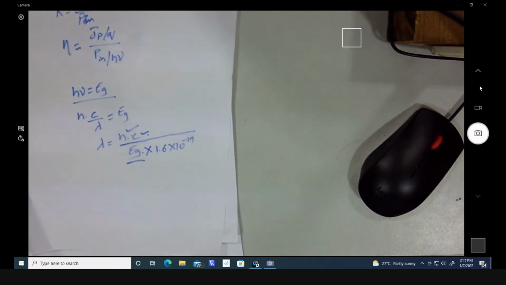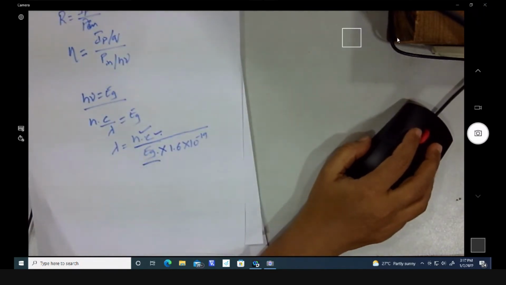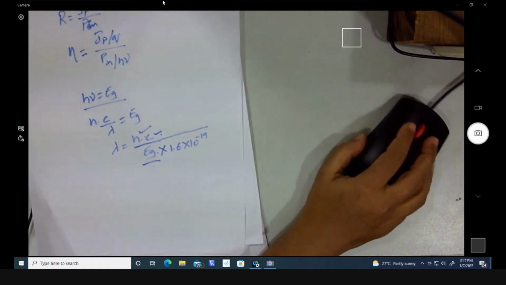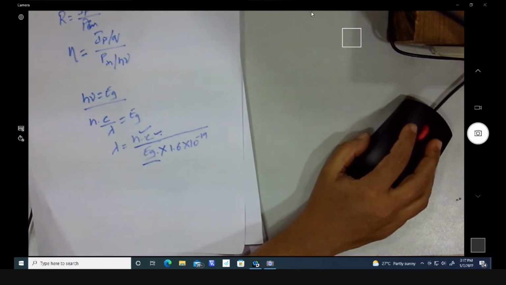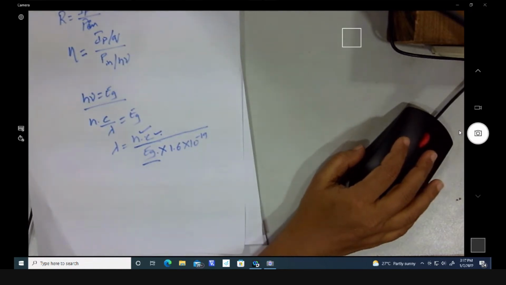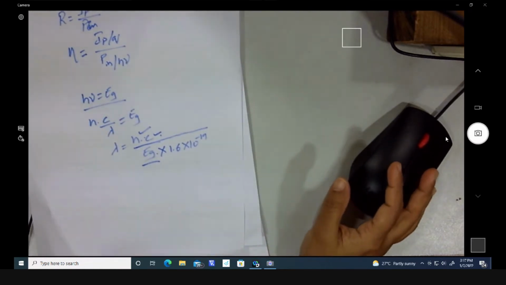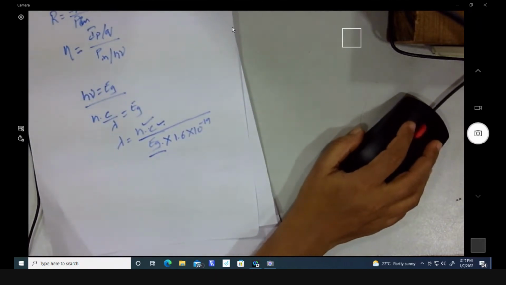How much did you get? 887 nanometer. Okay, I got around 870 nanometer.